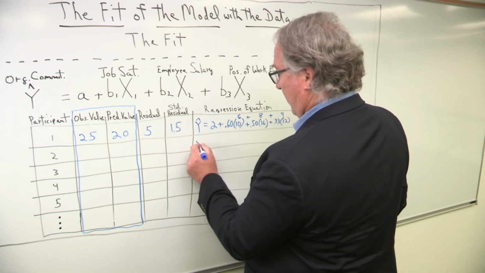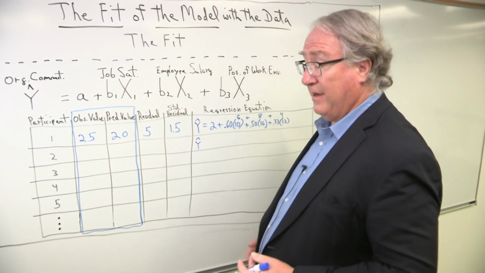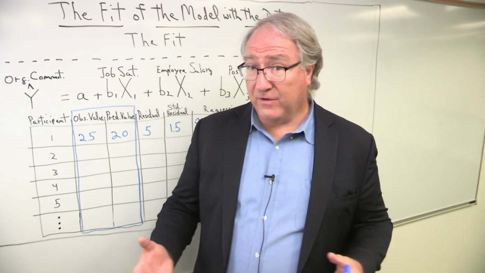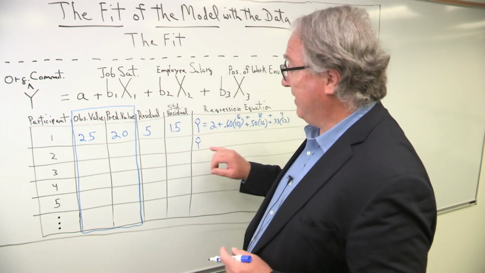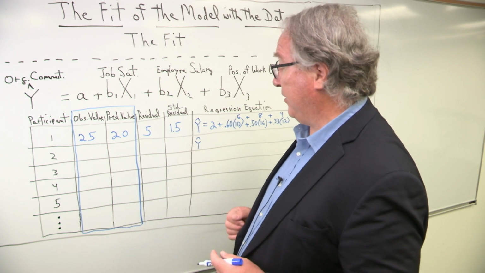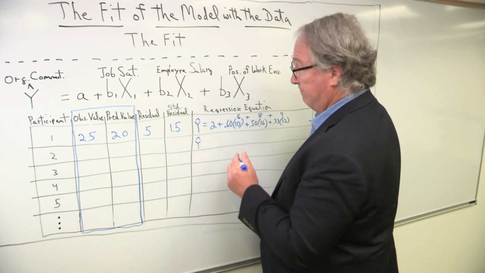Okay, so here we have y hat again. And as you remember, y wearing the hat, getting fancy and getting dressed up with that hat that it wears, that is the predicted value on the outcome variable measure from the model.